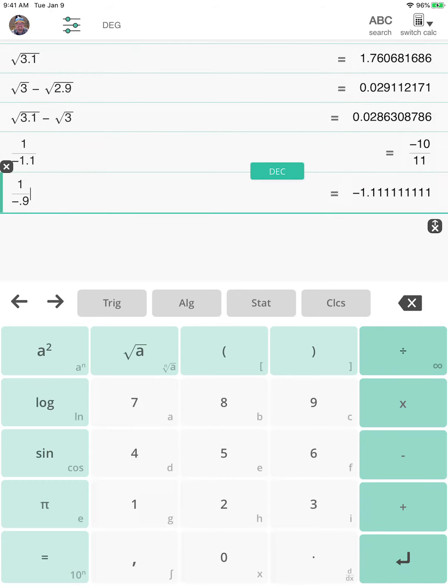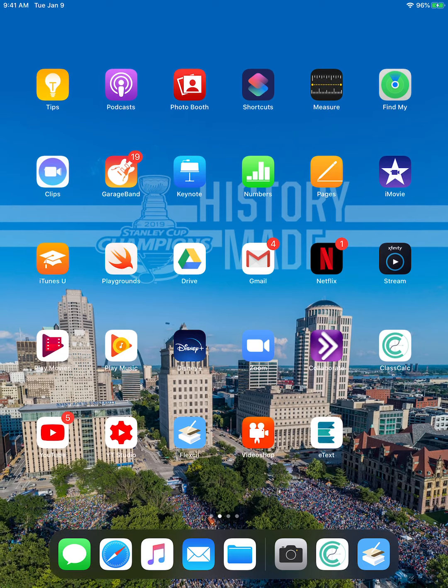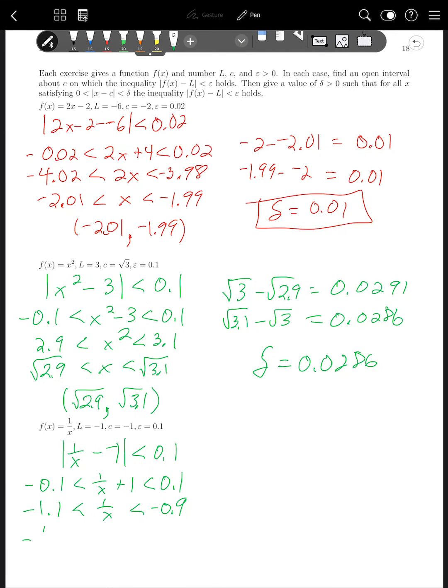And once again, it may make the most sense to write this answer as a fraction. So we get negative 10 elevenths is x, and then negative 10 ninths. And then because we did the reciprocal, that actually also flips around the inequality symbols. So we get like this.